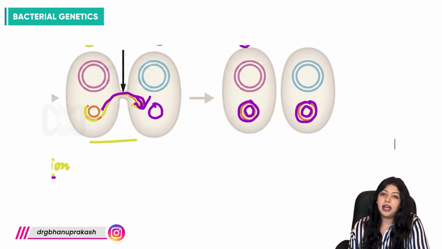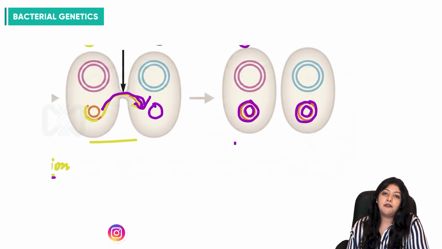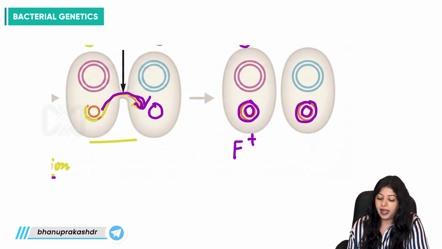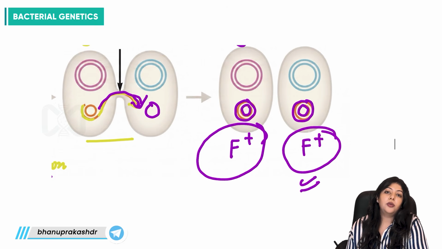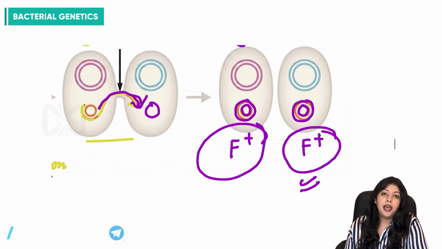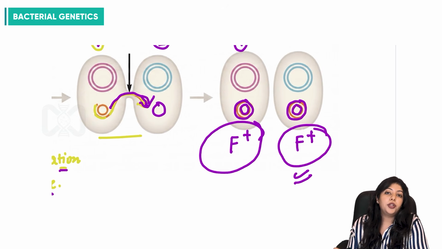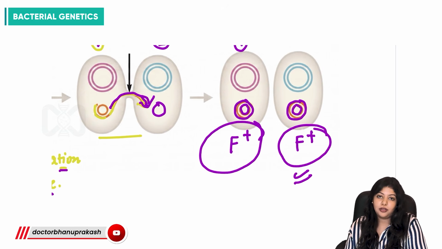And finally, we have both the bacteria having F factor or fertility factor. So now it becomes F positive and F positive, right? So now the second bacteria is also having fertility factor, and this now can continue with the conjugation with the rest of the bacteria present, right?